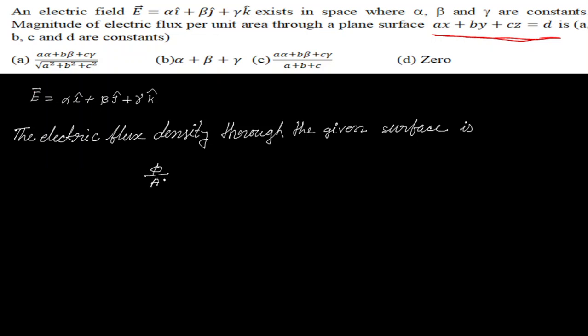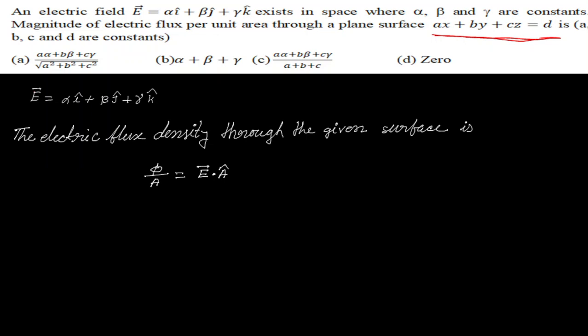This is simply the dot product of the given electric field and the unit vector associated with the area. We know the electric field. What we don't know at this point is the unit vector associated with the area of the given surface, and that we have to calculate.